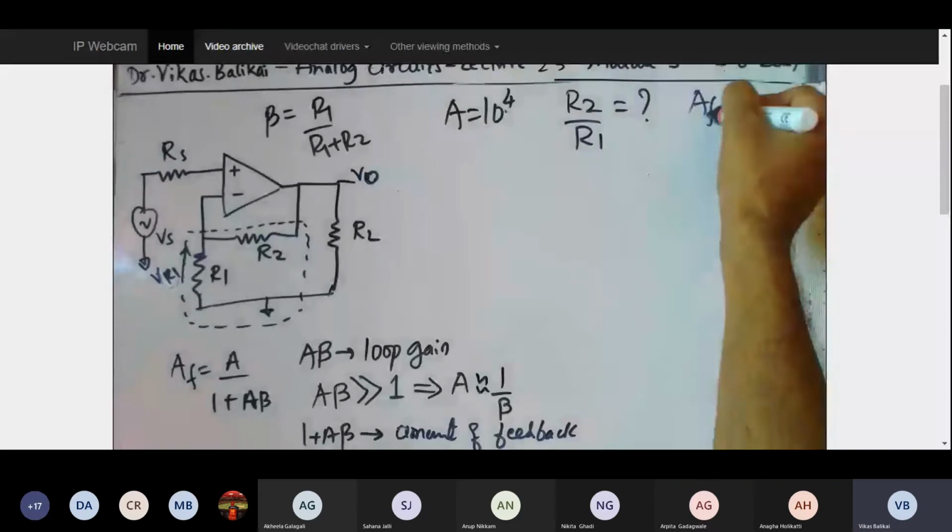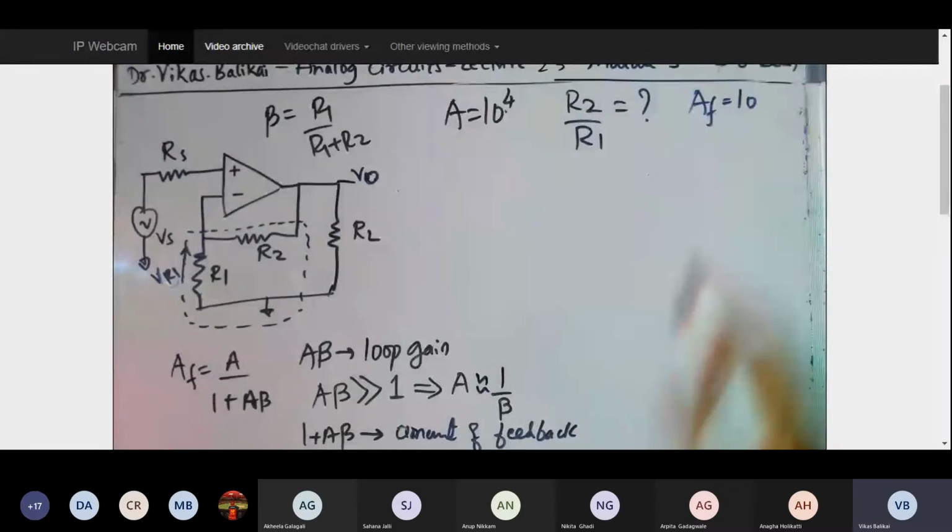So with open loop gain 10 raised to 4, and in order to obtain AF equal to 10, he is asking what should be the value of R2 by R1.